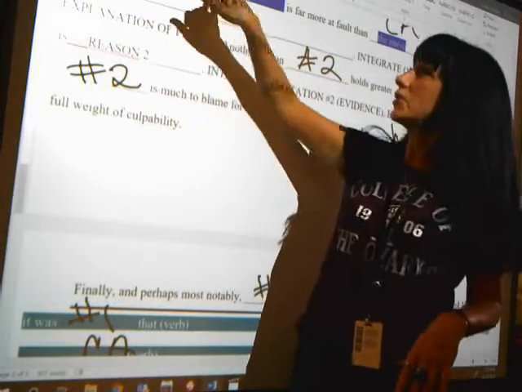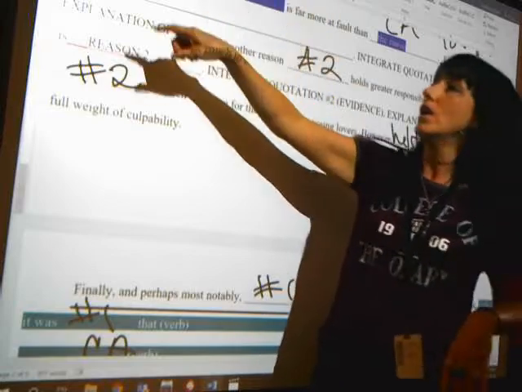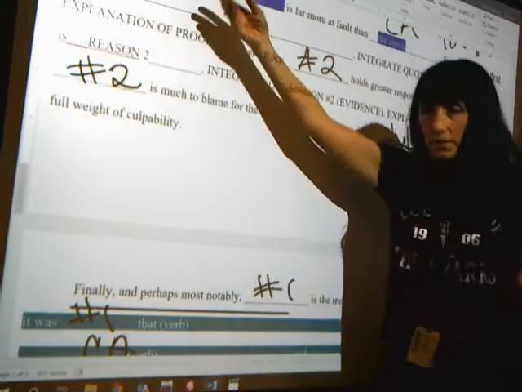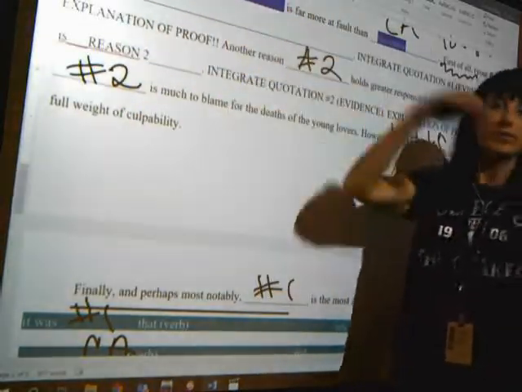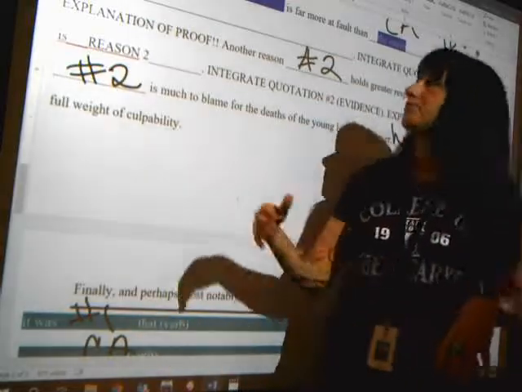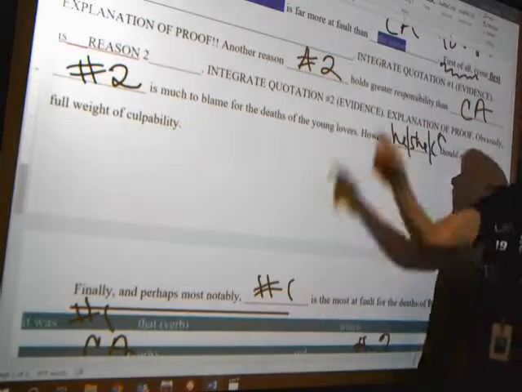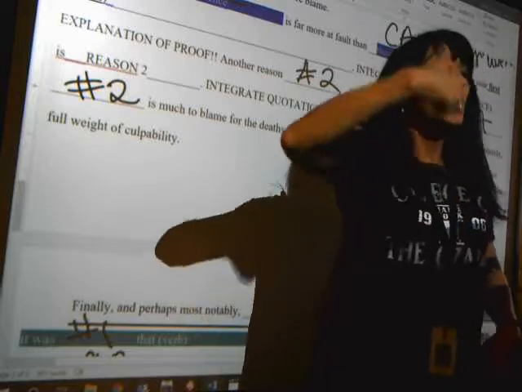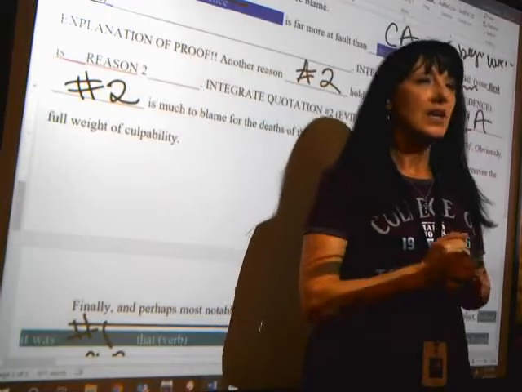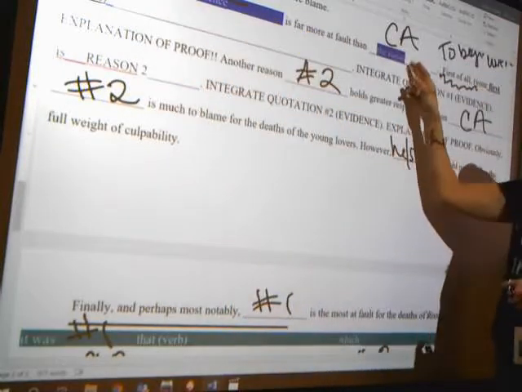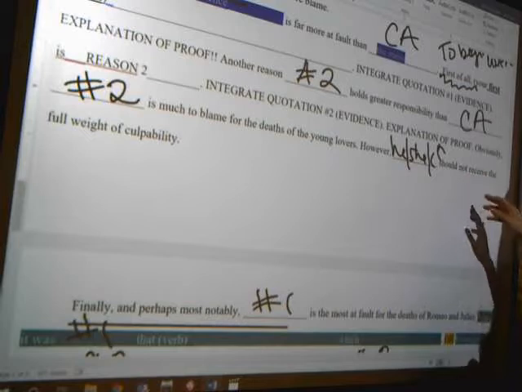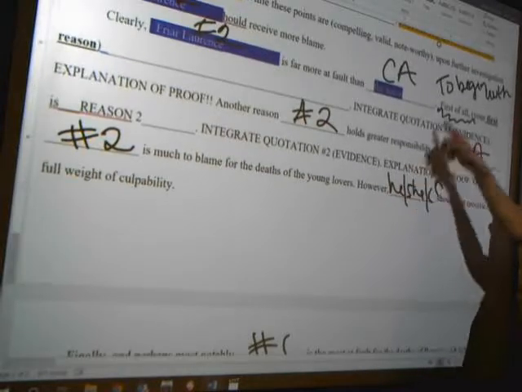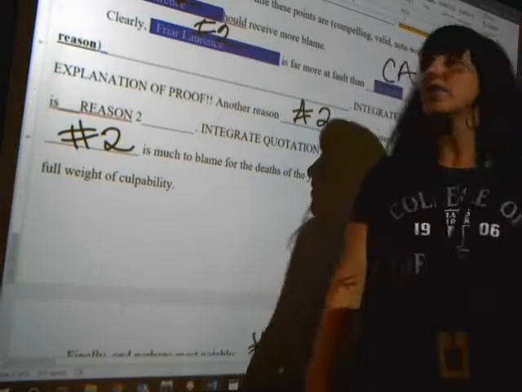And then again, your number 2 goes in this hole. Clearly, comma, character number 2, look at what your outline says, is far more at fault than your counter-argument character, the one you were just talking about. Okay? So we do it this way. Write that sentence. Time. And here, another thing that you can start with.